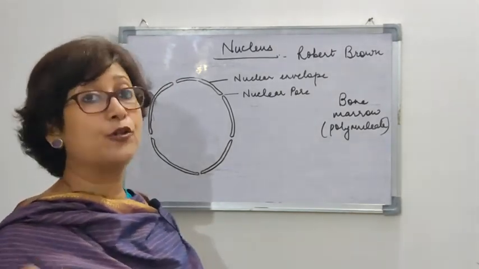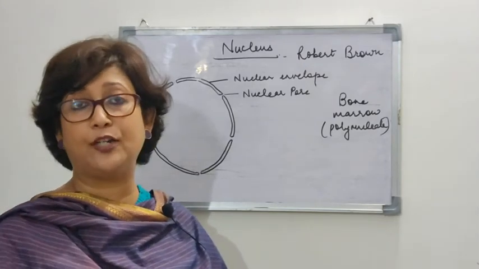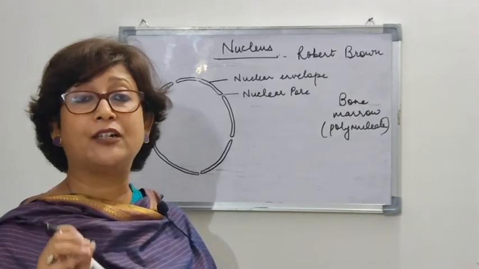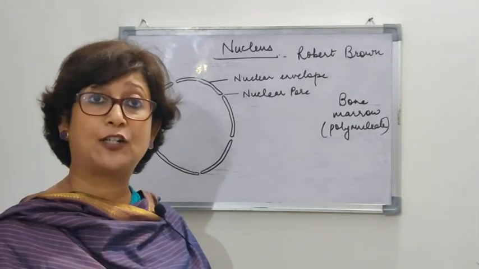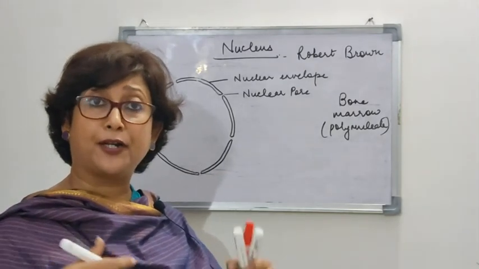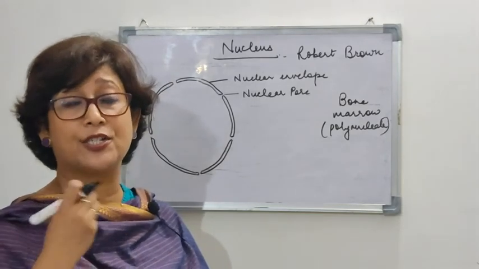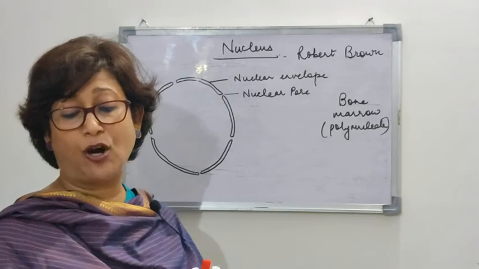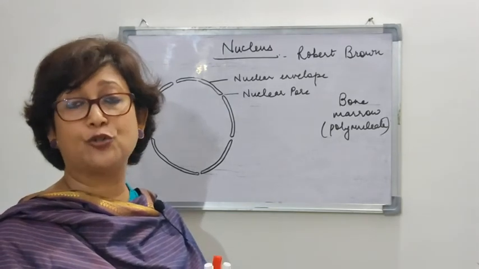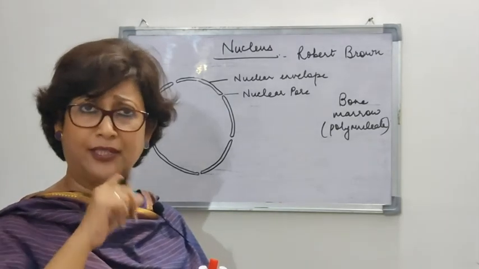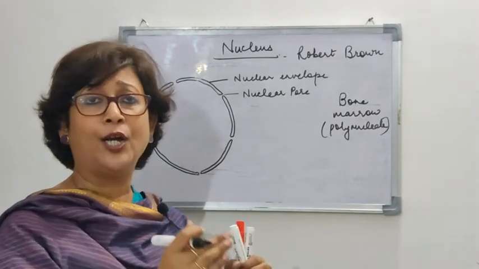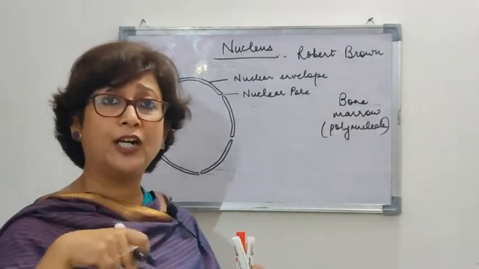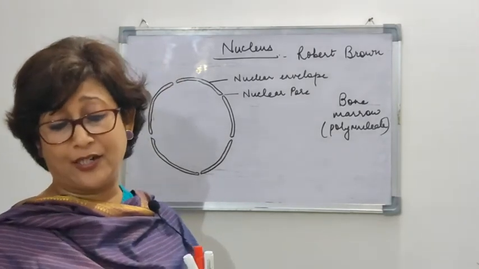Regarding the position of the nucleus, it is usually found in the region of maximum metabolic activity in the cytoplasm. That means where maximum chemical reactions take place in the cytoplasm, there the nucleus is found, and it is commonly situated in the geometric center of the cell. This is generally so in the animal cell, although in the plant cell it is slightly towards the periphery because of the occupation of the central vacuole, right?